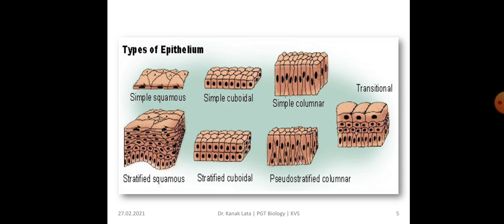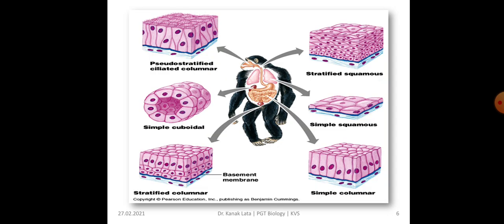Here you can see the figure of different types of epithelium: simple squamous, simple cuboidal, simple columnar, stratified squamous, stratified cuboidal, pseudo-stratified columnar and transitional. Here also it is about the different types of epithelial tissues and where they are present.